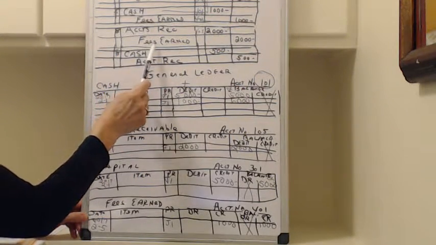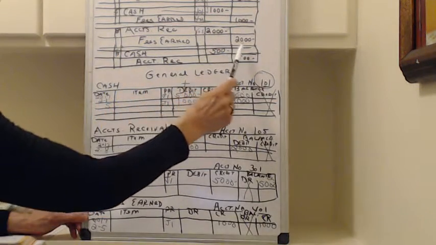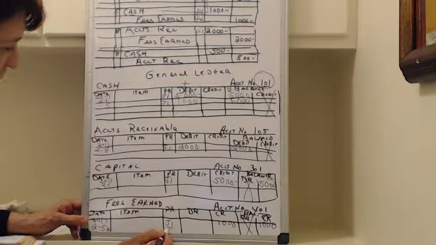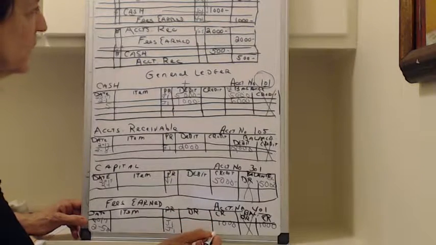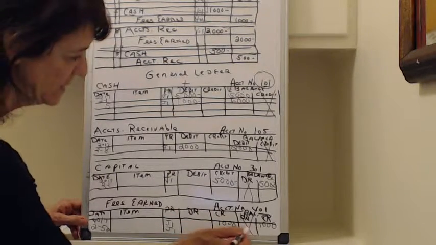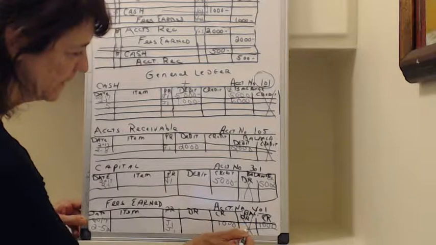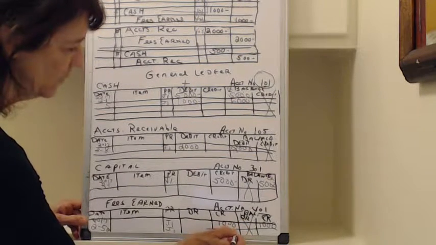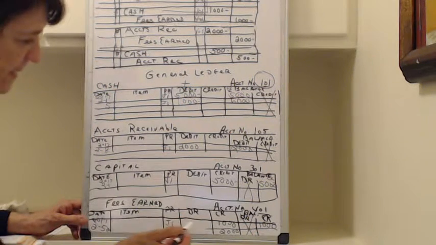Now I'm going back to fees, again, with another credit. So I'm going to fees, and the date is going to be the 8th. And I hardly have any room here, but anyway, 8th, J1, and I'm going to record another credit of 2,000.